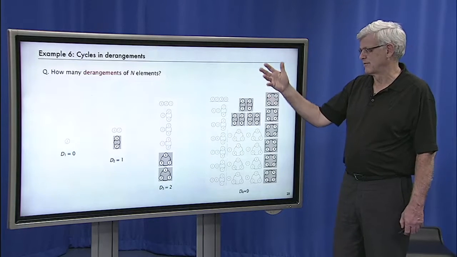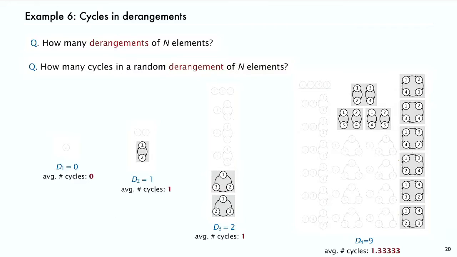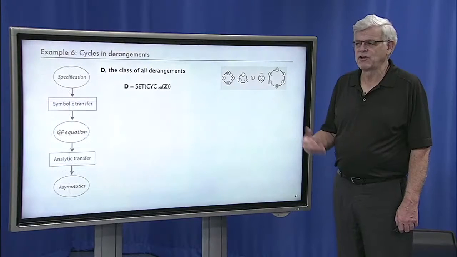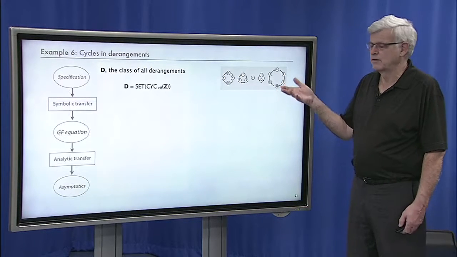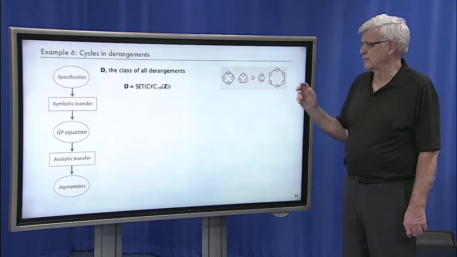So like examples, we looked at derangements, so we can look at derangements, or we can look at a problem like how many cycles are there in a random derangement. Might be hard to think about how to even approach a problem like that, but it's immediate from the XBLOG schema. And precisely the same process works in more general settings. Like maybe we want to know about cycles in derangements.